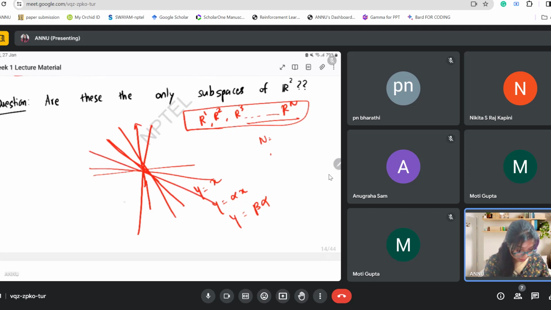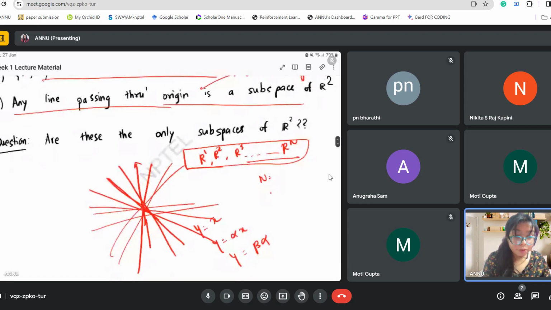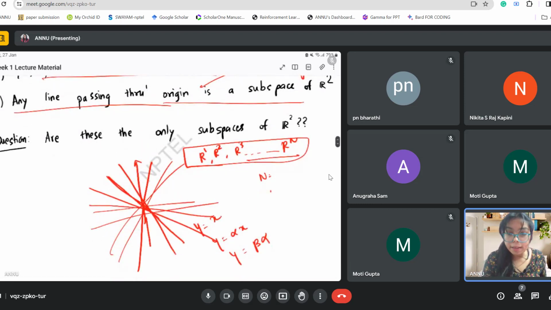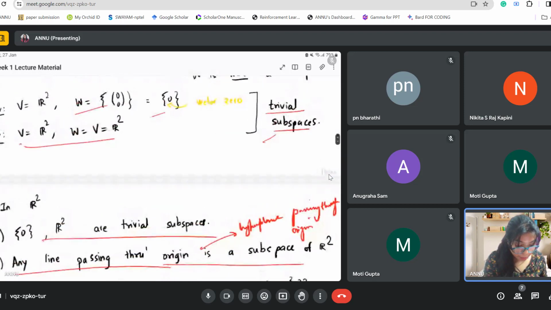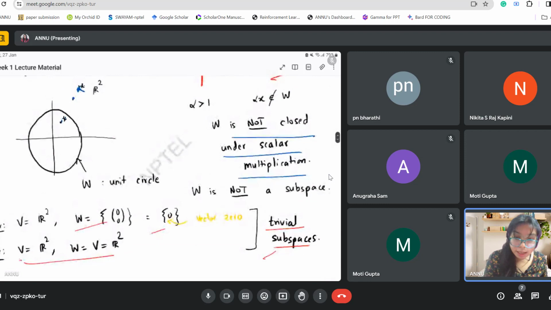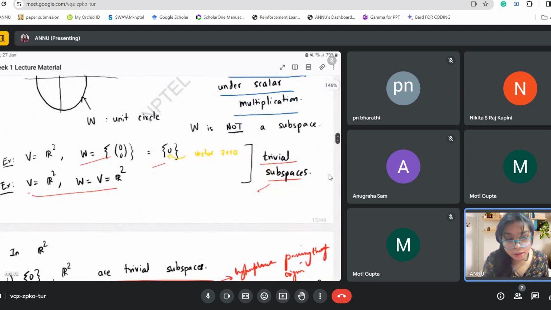These are all lines passing through the origin, but even among those passing through the origin we have many lines. So in that way it is infinite. But it is true that if you consider lines passing through the origin, the zero singleton and R square, then these are the only subspaces. In that way it is true.